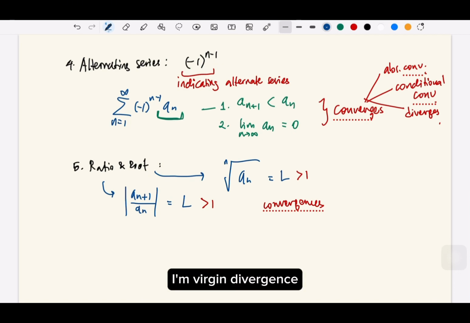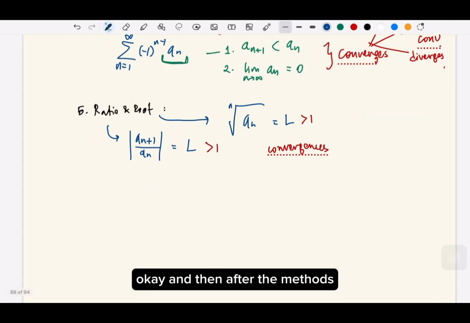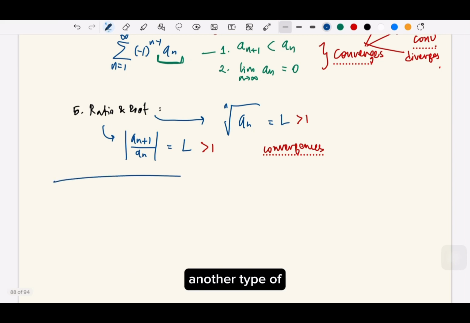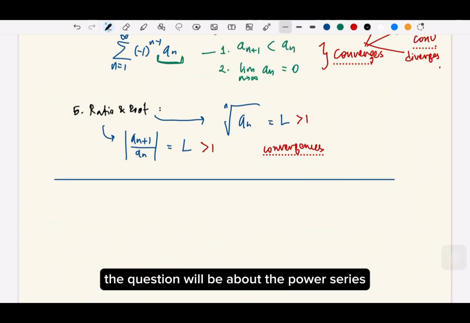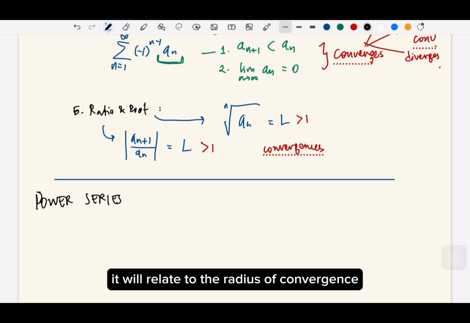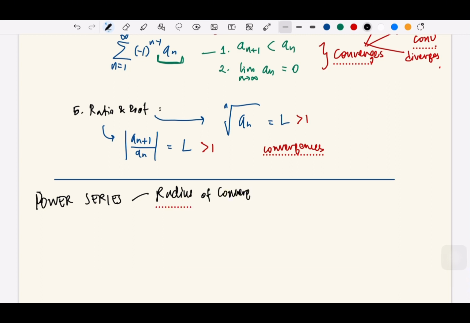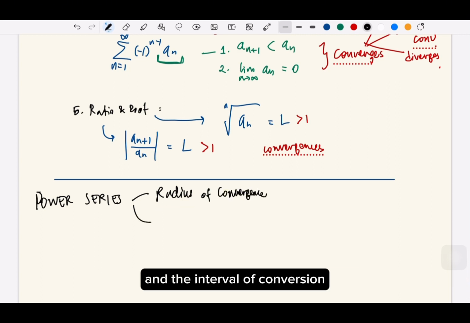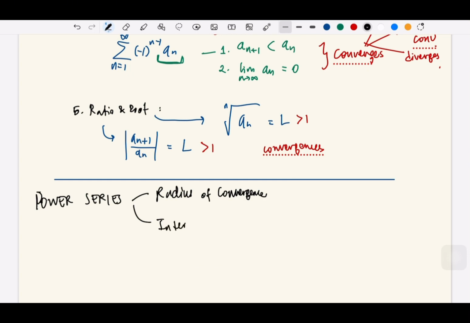Convergence, divergence. Okay, and then after the methods, another type of question will be about the power series. Power series will relate to the radius of convergence and the interval of convergence.